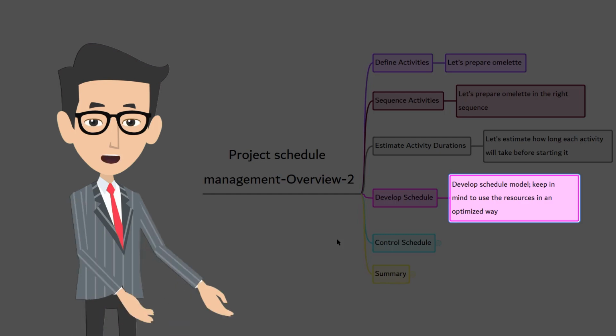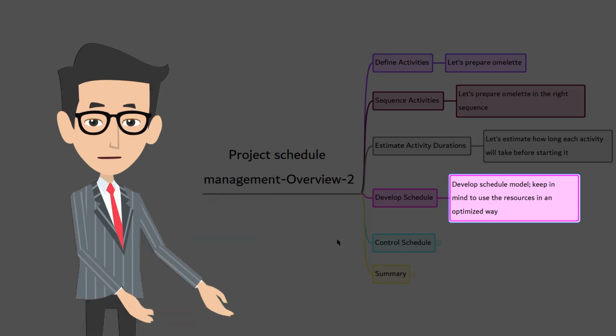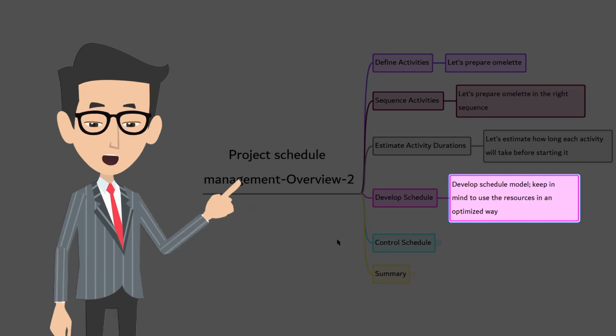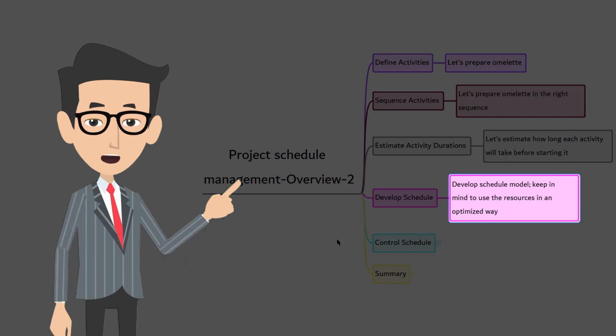On the other hand, some of the activities can be done in parallel as well. For example, as you beat the egg, the pan can be heated and made ready. Hope you're getting the idea about dependencies and parallel activities. You need to plan them carefully in a project to use the resources in an optimized way, to develop the schedule in such a way that they are carried out in the most optimized way.